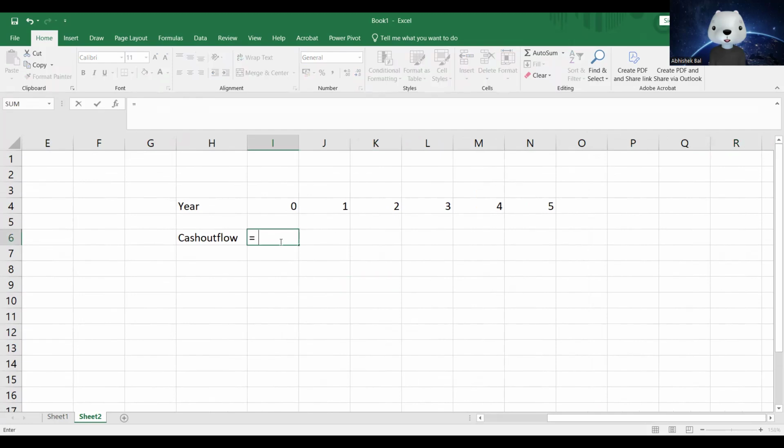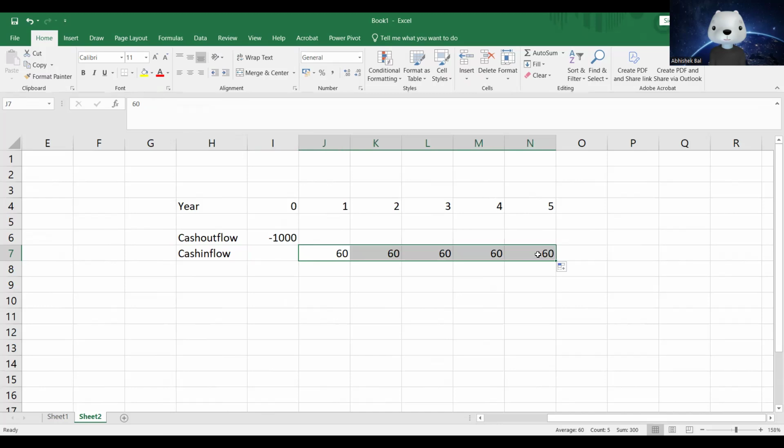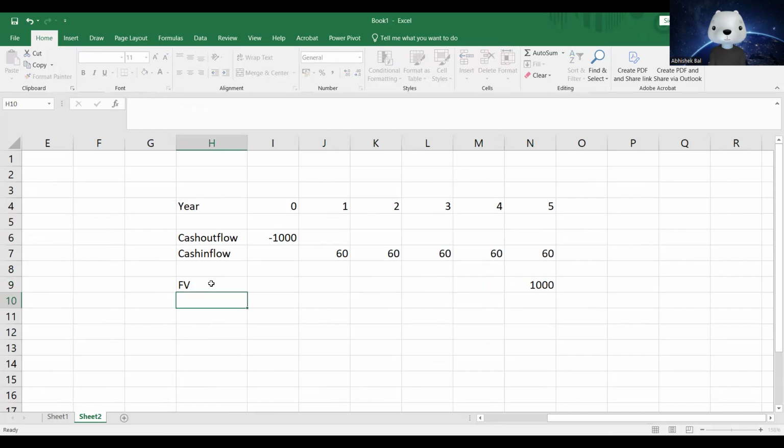So this has been cash outflow at time t is equal to 0, right? So I'm going to write this as cash outflow. And we have a cash inflow as well, which happens to be 60. And this continues up to here. And then we are also going to get the something known as face value or final value. The final value, as I said, because it is supposed to return the amount that you have paid, right? So this becomes 1000.